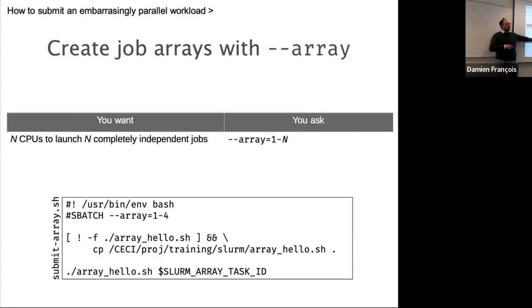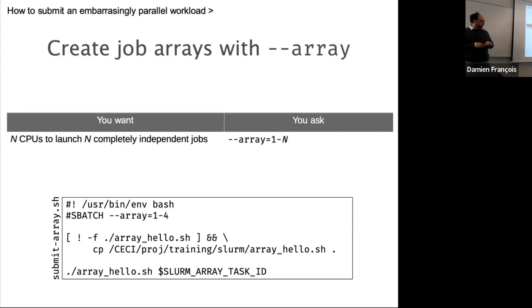But given that I'm creating an array, all the jobs in the array are independent, so they might be running at the same time or not. If I'm copying a file, I don't want all of them to copy the file, because the first one that copies the file will do it for all the others. So here I'm just testing if a file exists. If not, it copies the file from the CÉCI storage, and then it runs the program with an argument on the command line, which is the rank of the task in the array.